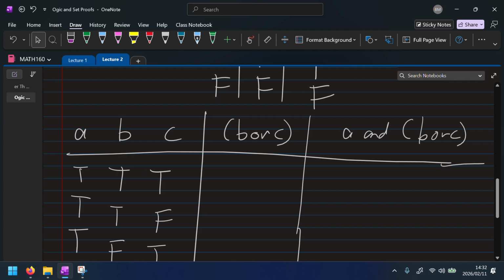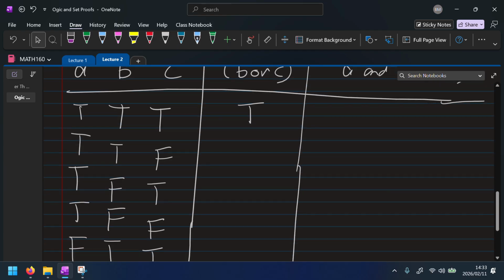Okay, so let's go through it. B or C. We did it before, but we're going to do it again as a refresher. So we're going to look at B, we're going to look at C, and we're going to look at the truth value of the combination. True or true? True. True or false?